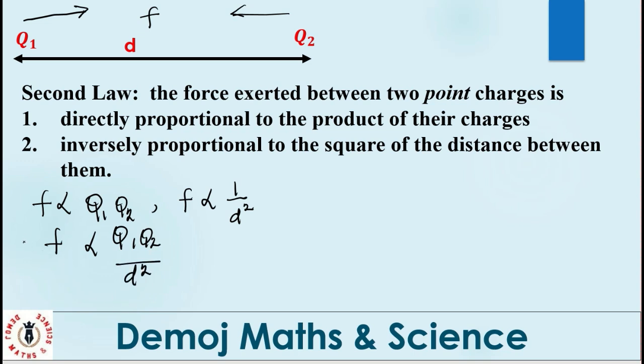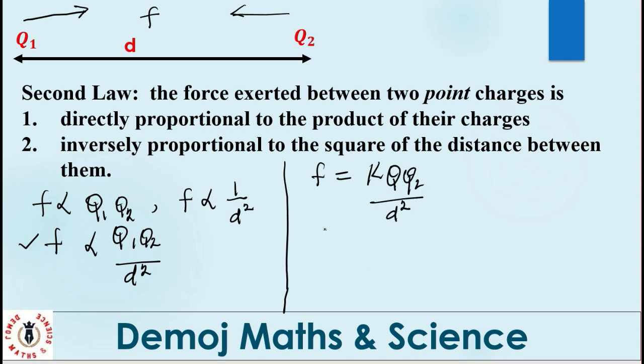Because we're talking of proportionality, there is a constant of proportionality, so that F will be equal to K, my constant of proportionality, times Q1 Q2 over d squared.